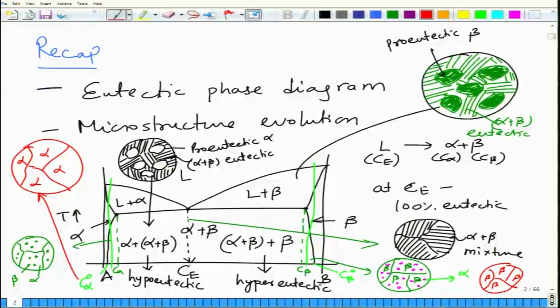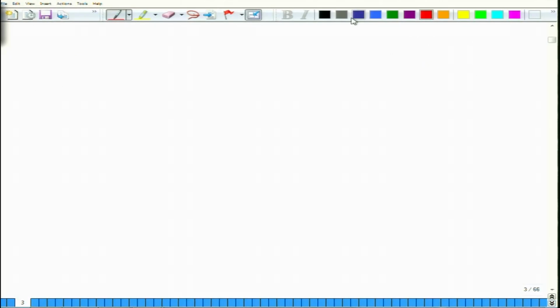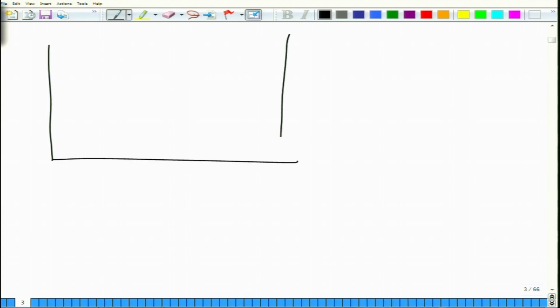Now, what we also did in the last lecture was work out the phase fractions. Just to give you one example, we have this as a eutectic line.